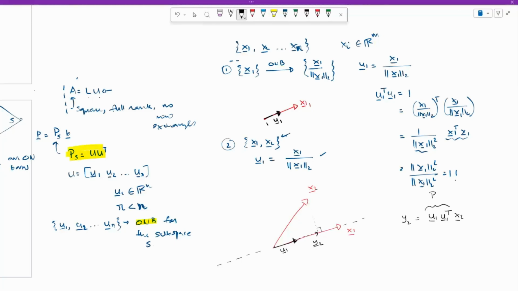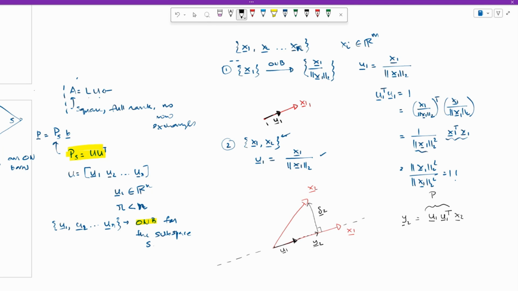Now, if you look at the difference between x2 and y2, that's this vector. I'm going to call it del2.